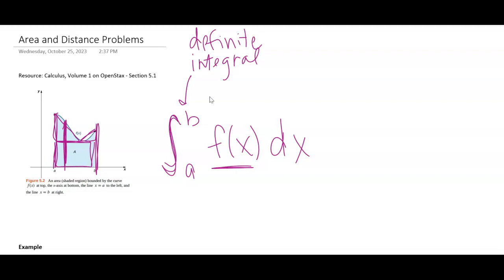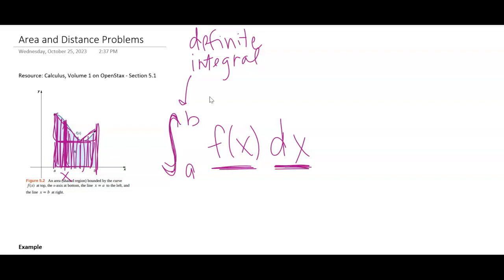And we'll talk about this dx a little bit more as we go through this, but my widths are determined by x. So think about if you had itty bitty little rectangles that you could make all the way across this, where the height of your rectangle is dependent on your function value, your outputs, and then the width of each one is dependent on x.